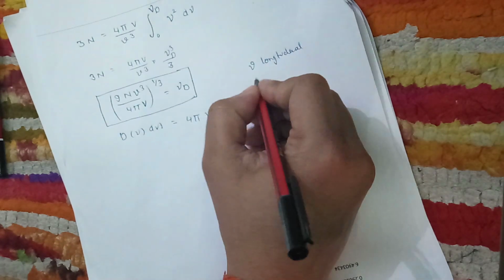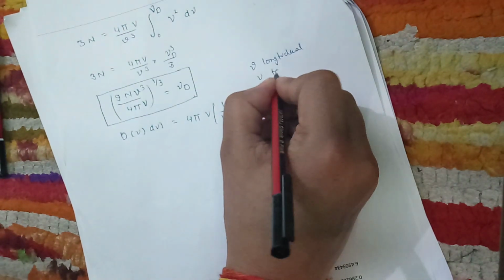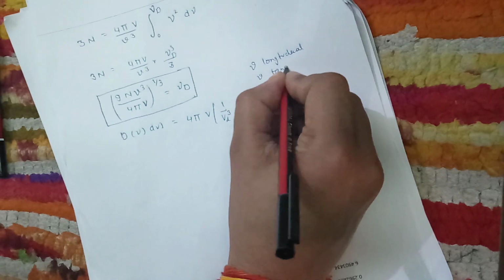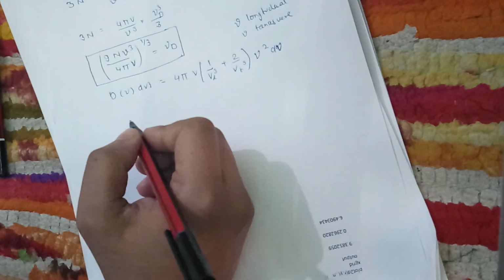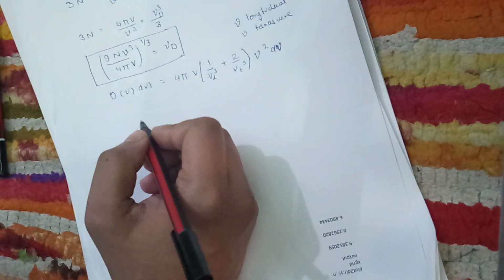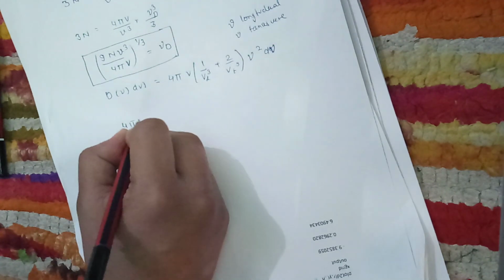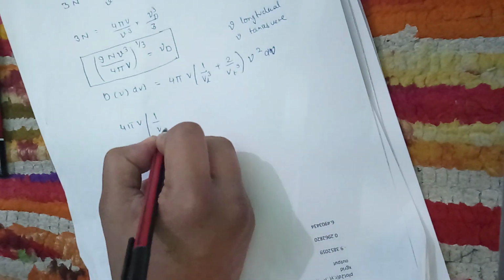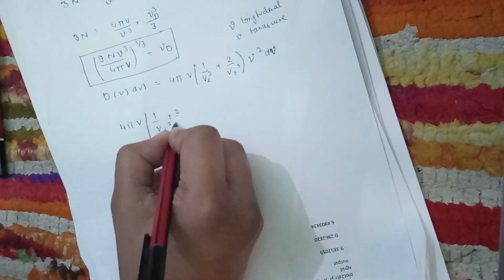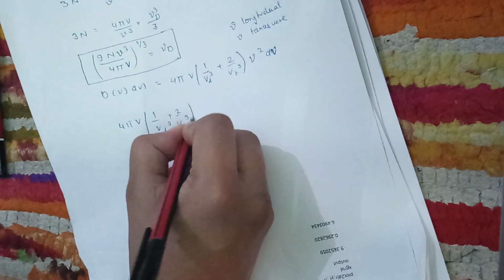So if we find this out, the value will become 4 pi v times 1 by vl cube plus 2 by vt cube.